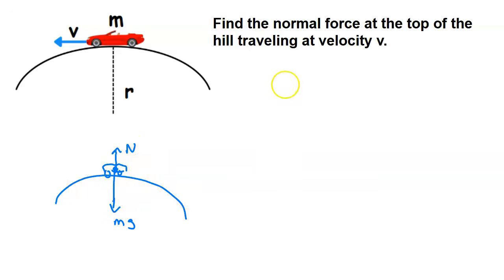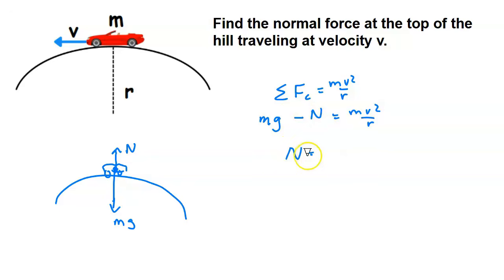And once again, we'll start with our centripetal force equation equal to mv squared over r. And because the center is down, we're going to start with mg minus the normal force equals mv squared over r. And then N, I'm going to move this to the other side.